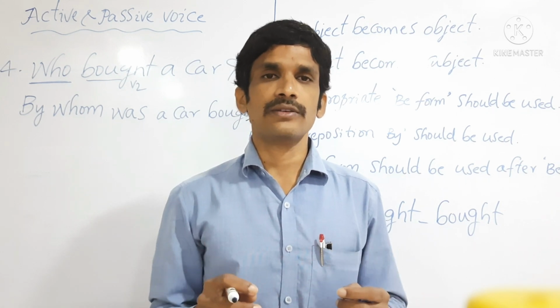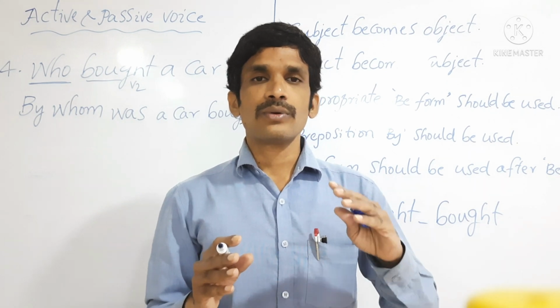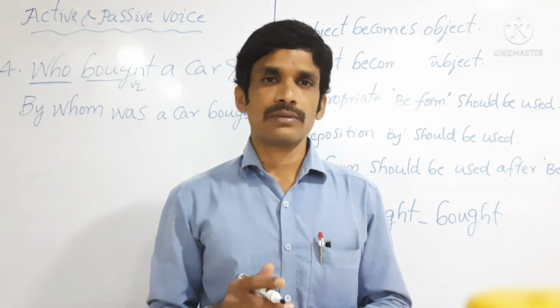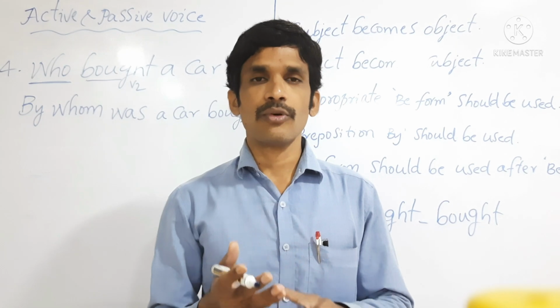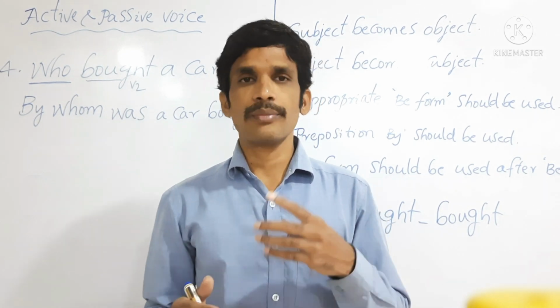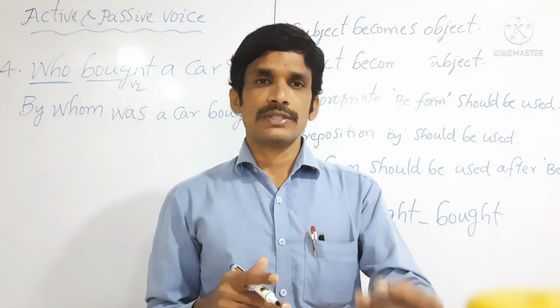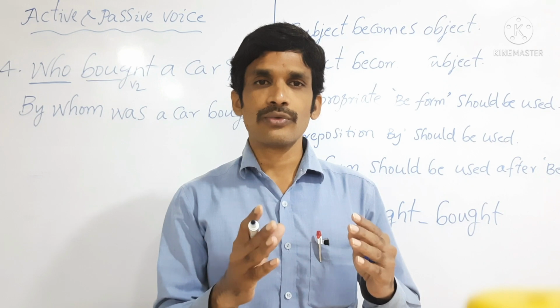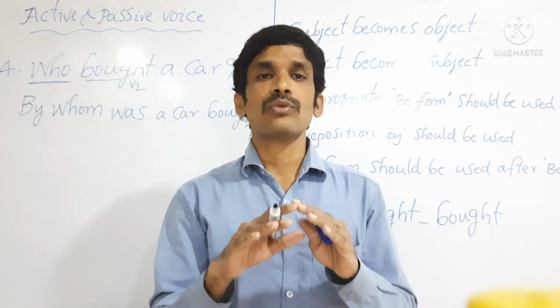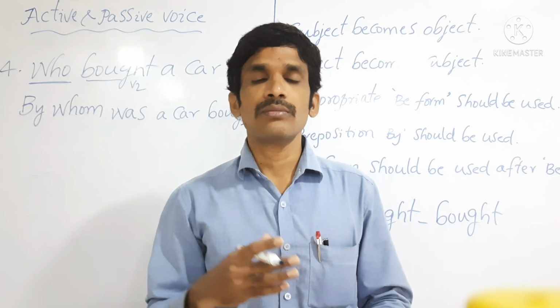There are 4 tenses which don't have be forms. What are they? Present perfect continuous, past perfect continuous, future perfect continuous, and future continuous. So out of 12 tenses, 4 tenses have no be forms, which means we cannot change these sentences into passive voice.